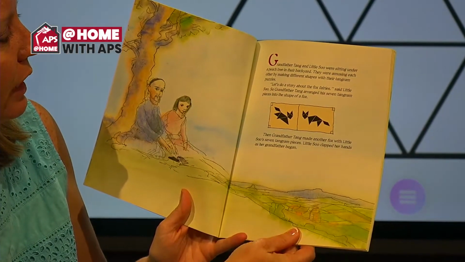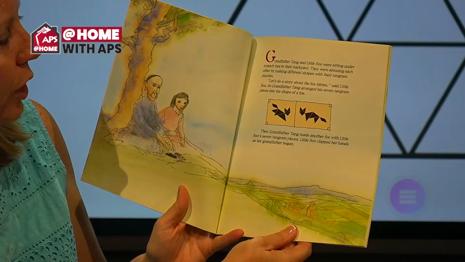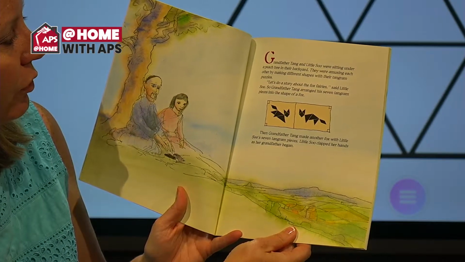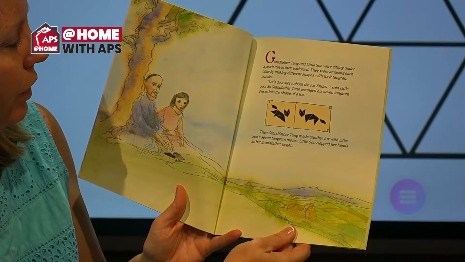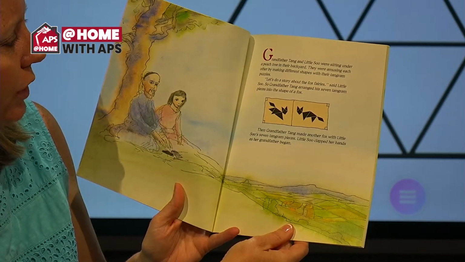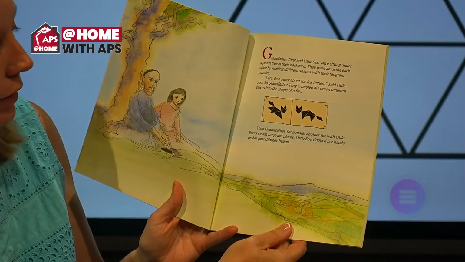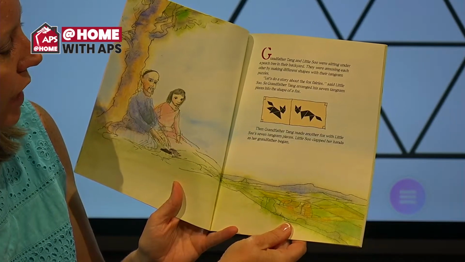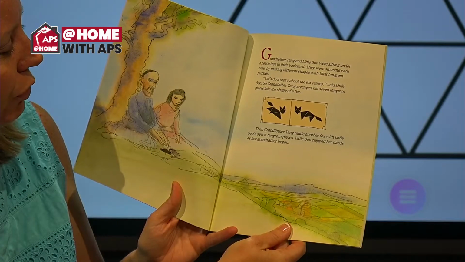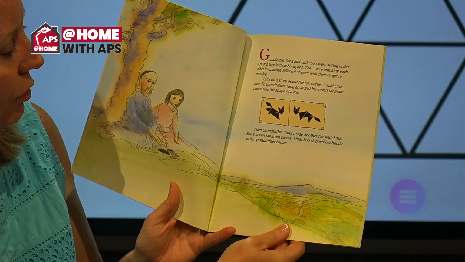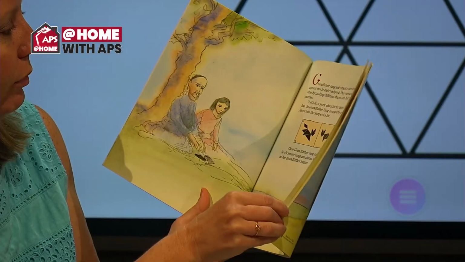They were amusing each other by making different shapes with their tangram puzzles. "Let's do a story about the fox fairies," said little Sue. So Grandfather Tang arranged his 7 tangram pieces into the shape of a fox. Then Grandfather Tang made another fox with little Sue's 7 tangram pieces. Little Sue clapped her hands as her grandfather began.